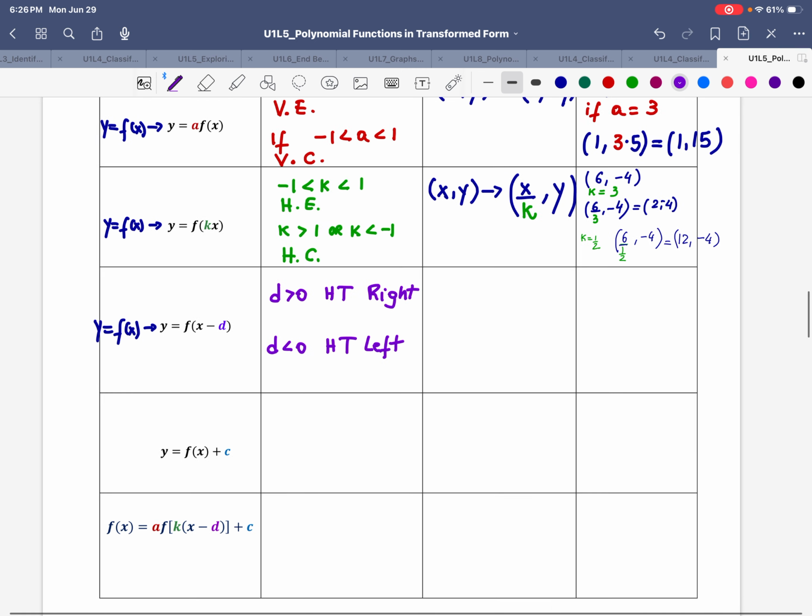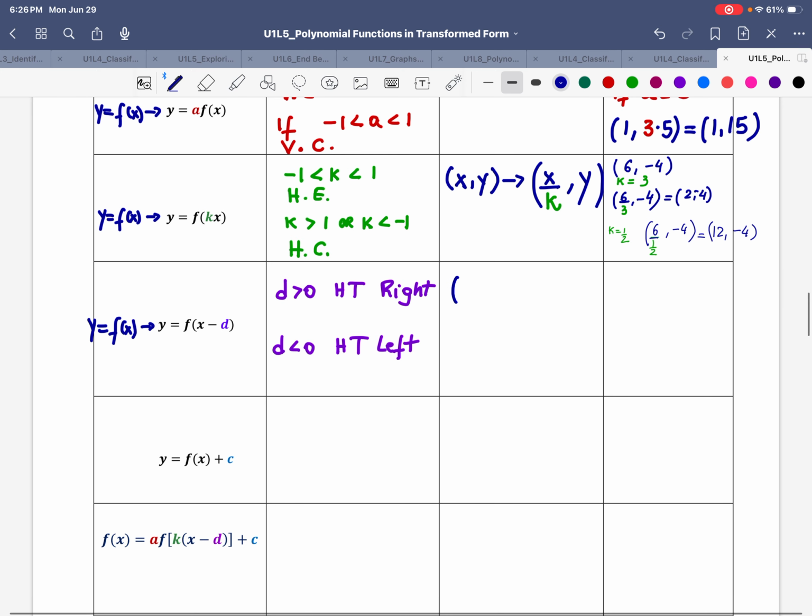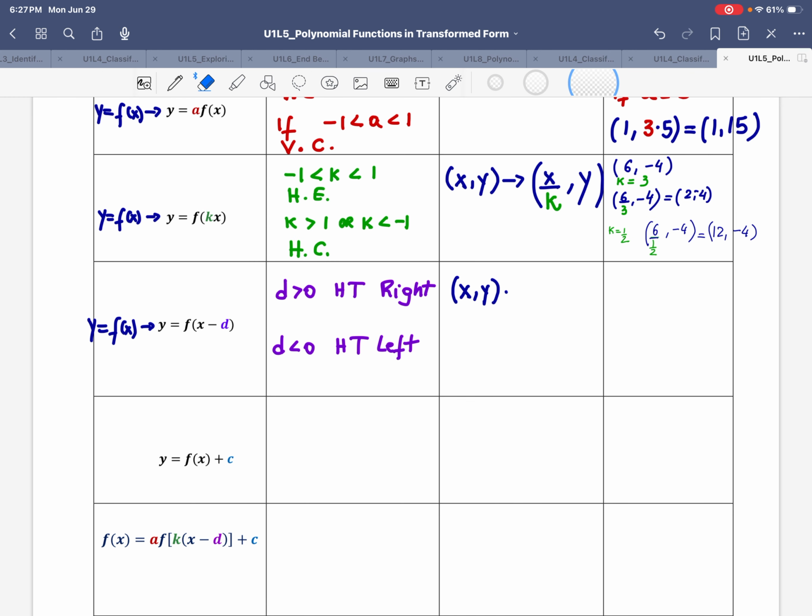So if you have a point in the parent function with coordinates x and y, and the value of d is positive, then this is going to move the x values d units to the right. And we literally have to add in here the coefficient d. So the values of x will increase by d units, whereas the values of y will remain unchanged.